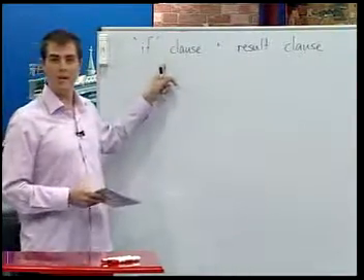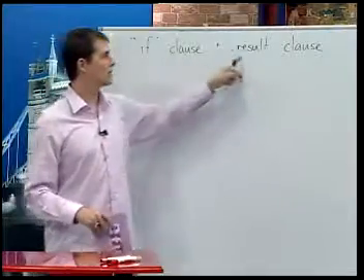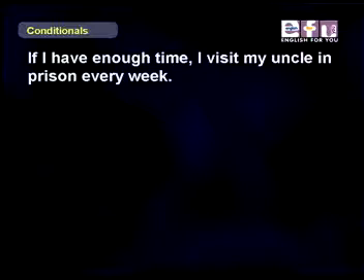So the clause beginning with the word if is the if clause, and the other clause is the main or the result clause. For example, in the first sentence, if I have enough time, that's the if clause, and the result clause is I visit my uncle every week.